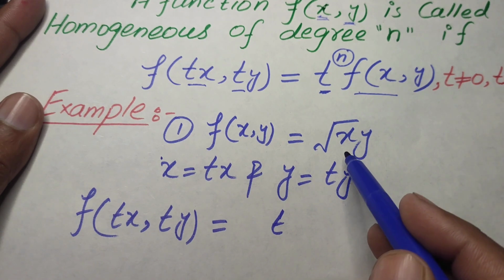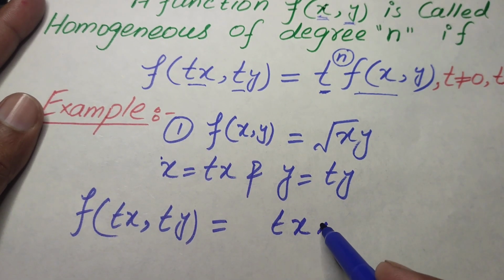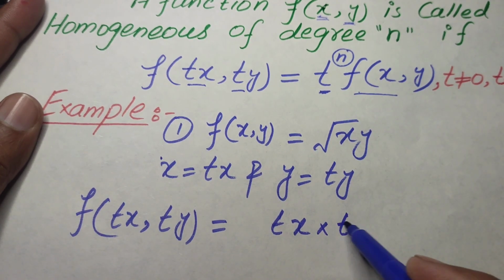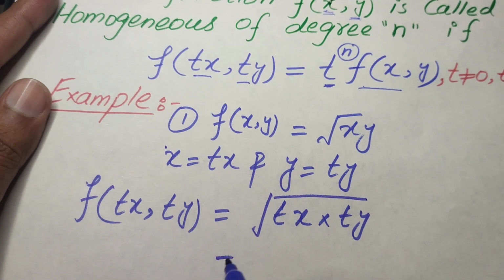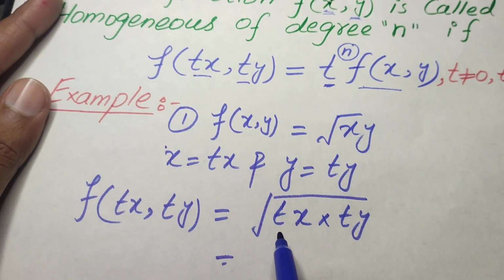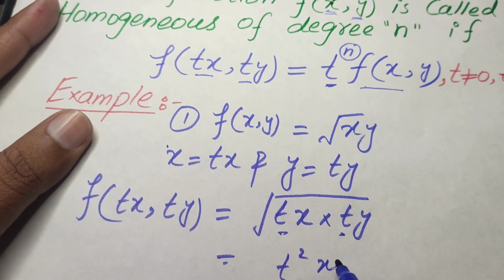When we replace x by tx we get tx, and when we replace y by ty we get ty, and this t is multiplied by this t, and we obtain t squared into xy, under the square root.